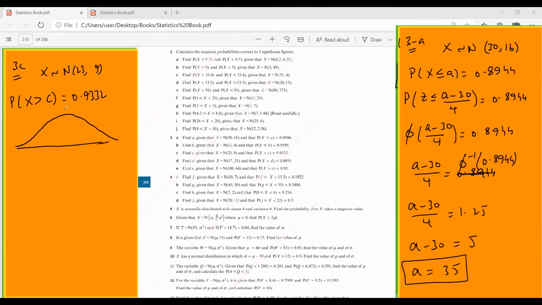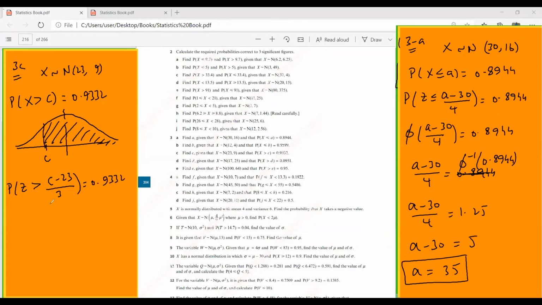Look at this. Since this is 0.9332, C cannot be over here because we have the greater than region. So it should be somewhere over here because this area looks to be 0.9332. So C is representing a negative value. Anyhow, you have to standardize this. So this is going to be probability Z is greater than C minus 23 over this 3, and that is equal to 0.9332.